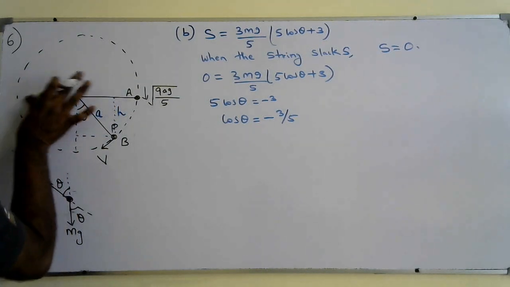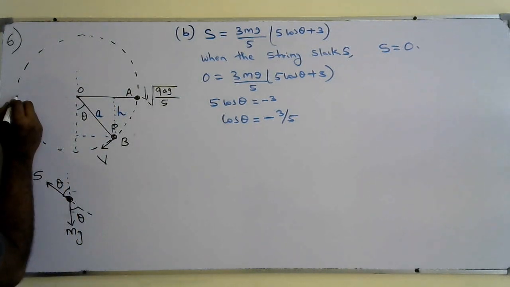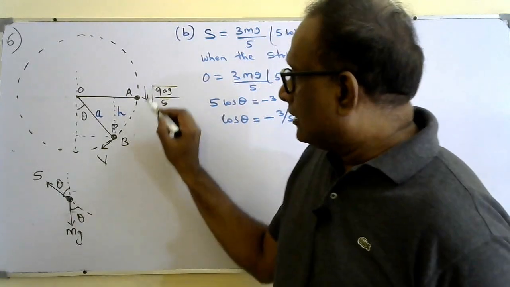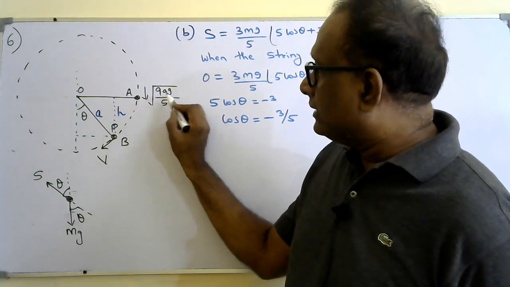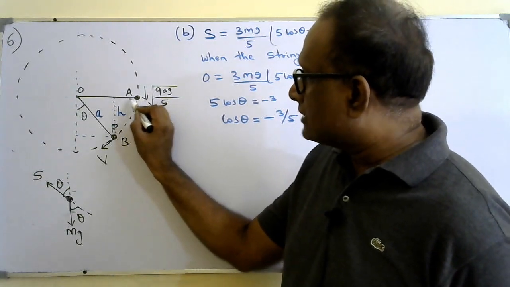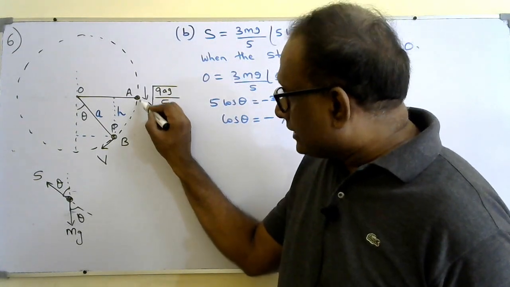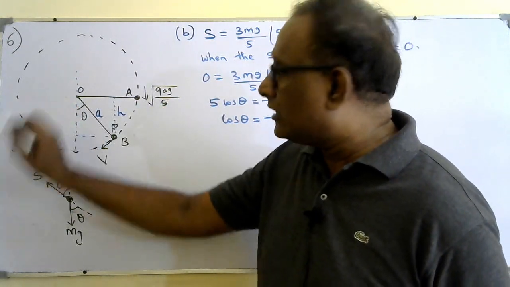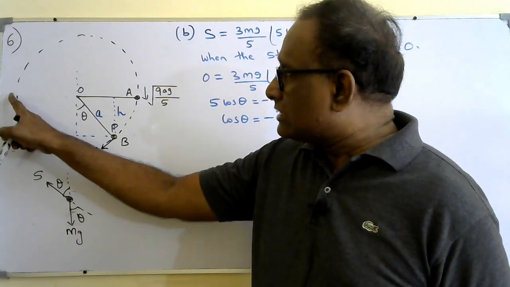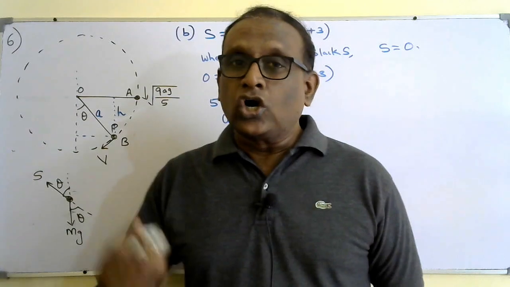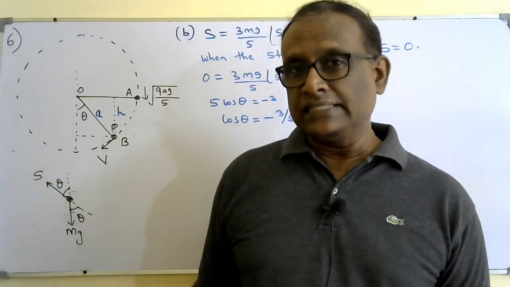At the horizontal point the string won't slack, with exactly the same speed according to the law of conservation of energy. The particle was thrown from here at speed square root of 9ag by 5 along the same horizontal line. The string won't slack because circular motion started there, so here also it will move in circular motion, and the speed at this position will be square root of 9ag over 5 according to the law of conservation of energy.